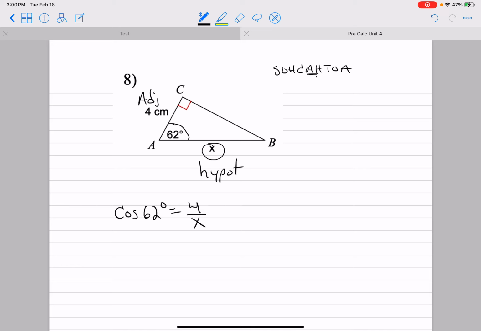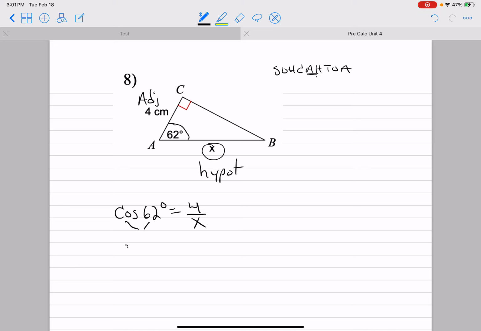Now I just need to solve for x. The cosine of 62, my calculator can tell me what that's supposed to be. So go ahead and put that in your calculator, cosine of 62.